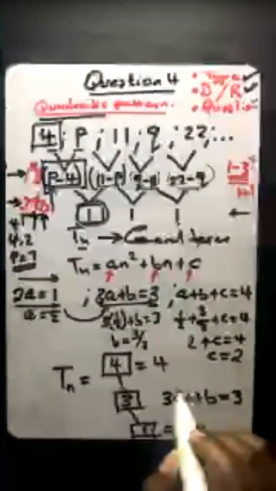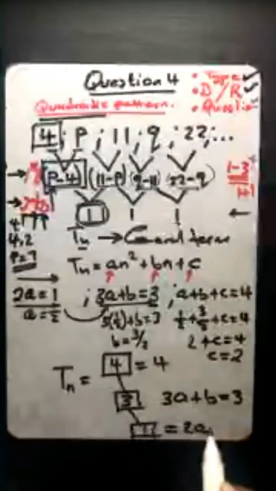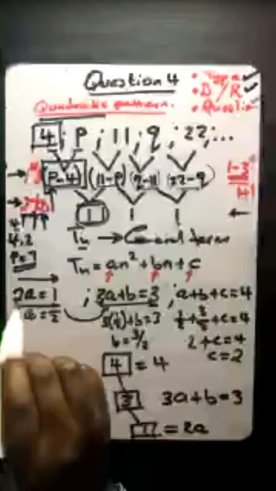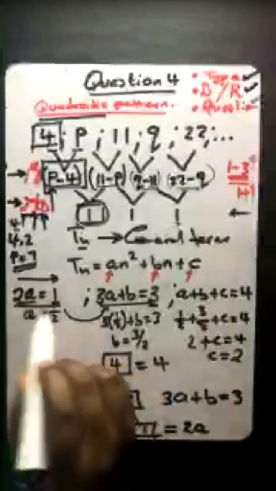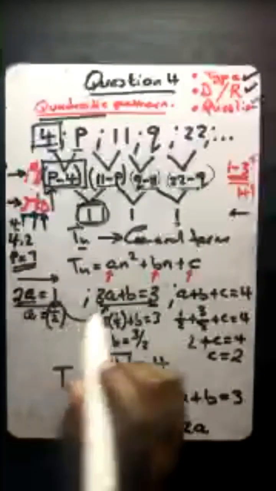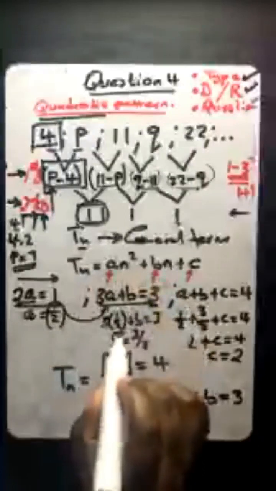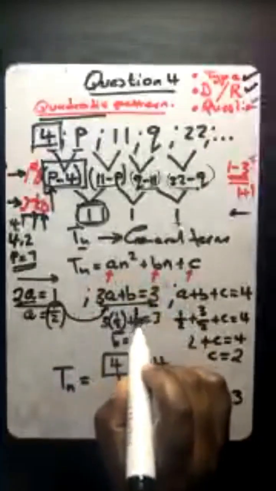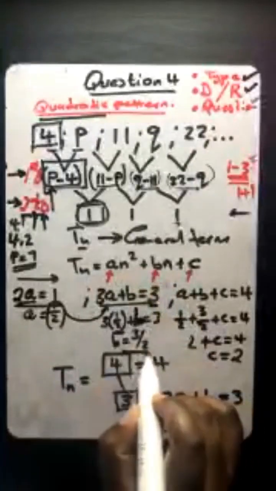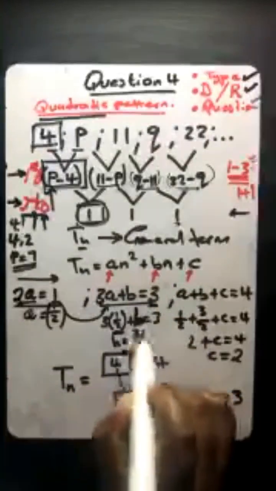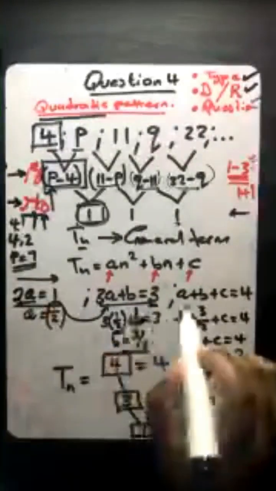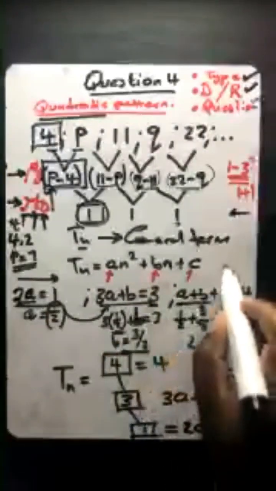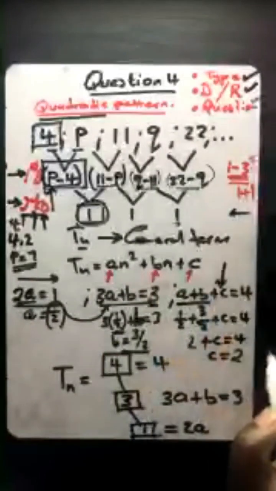So now to get that a value, we got it from there, where 2a is equal to 1. Then you divide by 2, you get a half. So that's why we substituted that half there to calculate the b value. Then we take that b value, we also know the a value, substitute it there to calculate the c value.